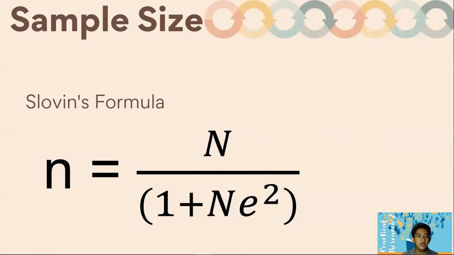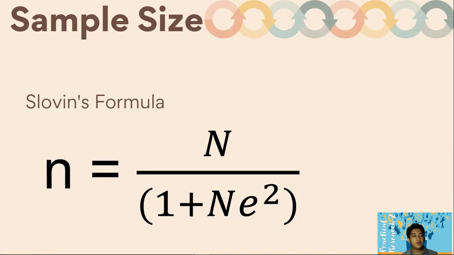Here, small n represents the sample size. The capital N is our population size. And E is the desired margin of error. It is the percentage of allowance for non-precision because of the use of the sample instead of the population.